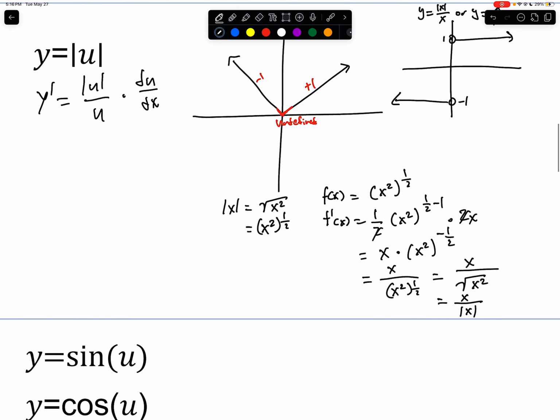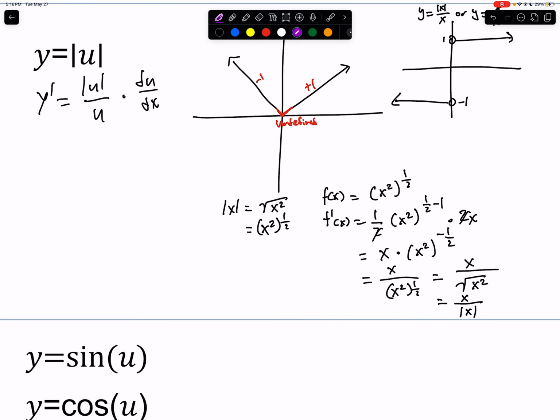Now, just a quick FYI. Remember, I said that the absolute value of u over u is the same as u over the absolute value of u. Here's a way to quickly clarify. If we multiply by the absolute value of u in the numerator and the denominator, the numerator will be u times the absolute value of u.